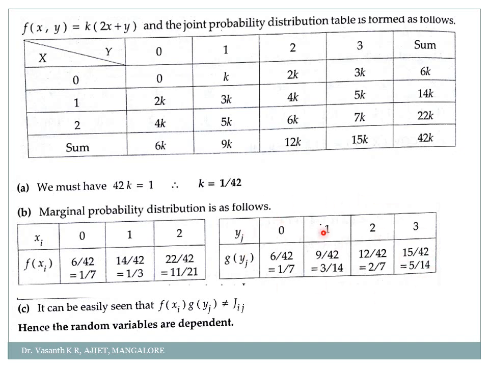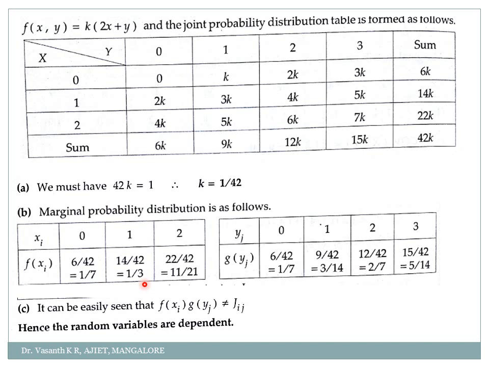Next they had asked me to check whether x and y are independent random variables. Independent random variables means the probability of x into the probability of y should be equal to the probability of xy.